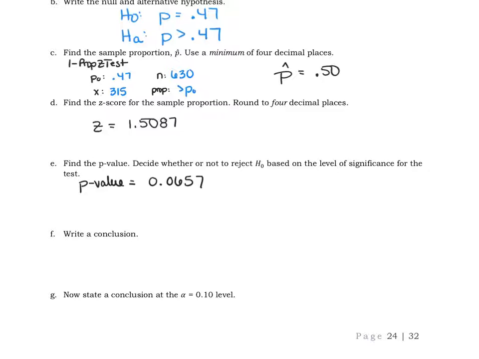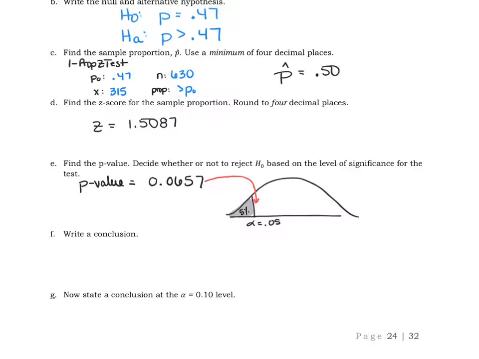And decide whether or not to reject the null hypothesis based on the level of significance. Remember, our level of significance was 5%. Alpha is 0.05. So what we're looking to find out is whether our p-value is in this outermost 5% or not. Well, our p-value is 0.0657.